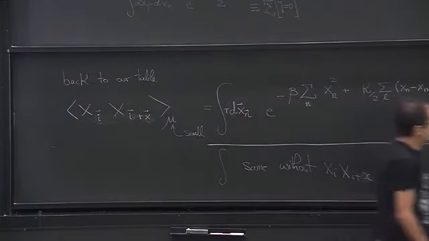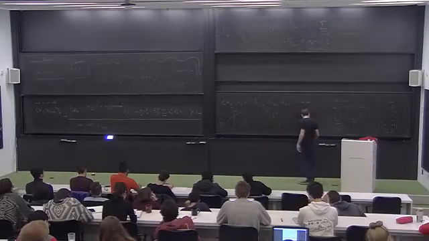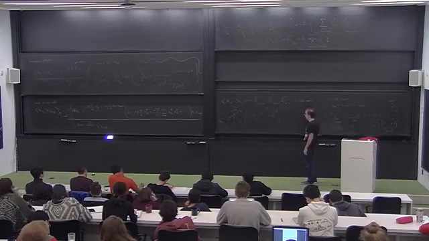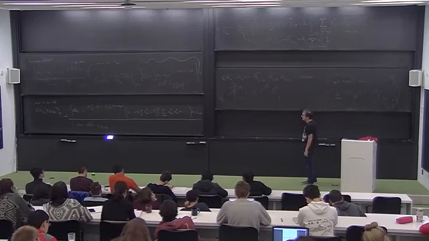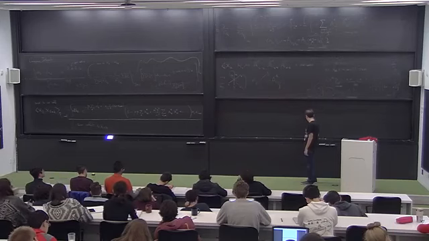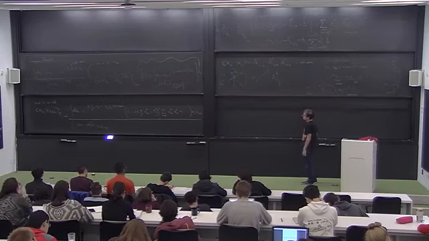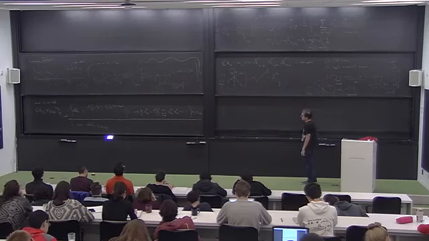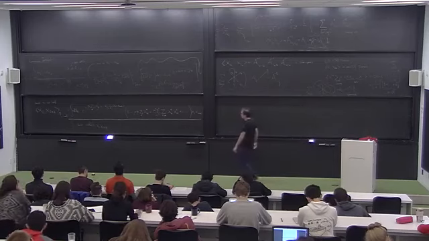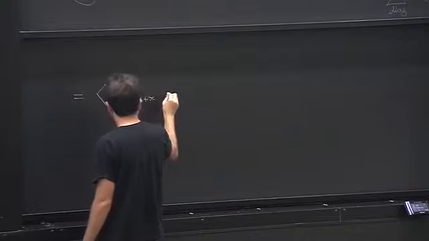Well, now that I expanded, what we have is the expectation value of a bunch of x's in a Gaussian integration. Right? So what do we have? This is therefore equal to the expectation value of x_i times x_{i+x}.